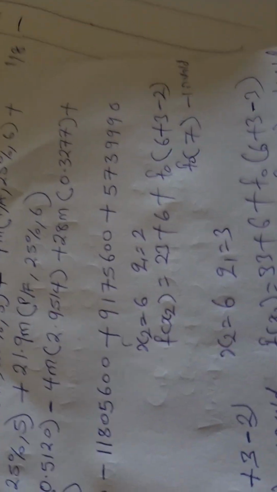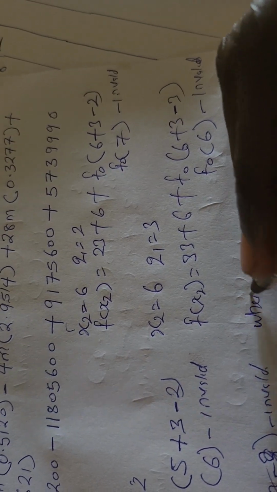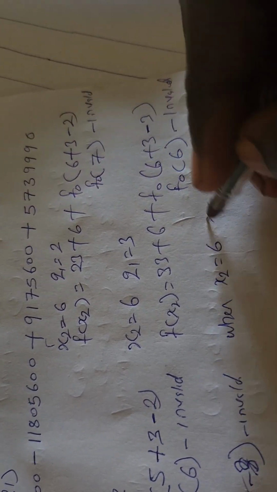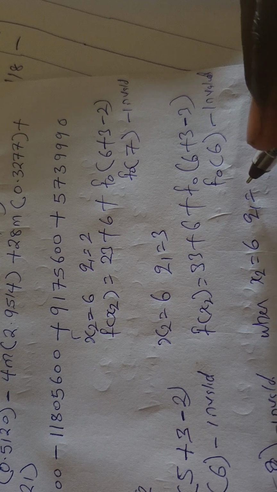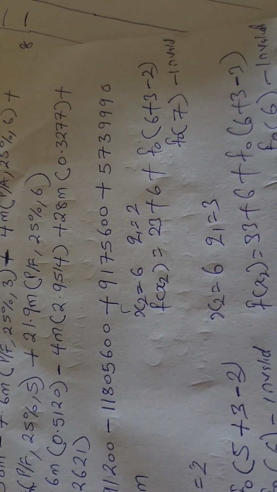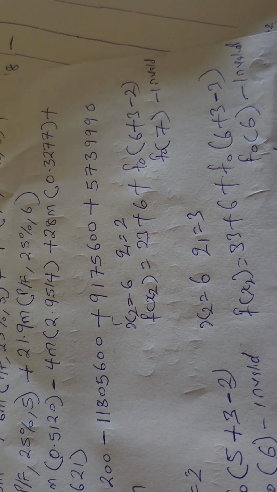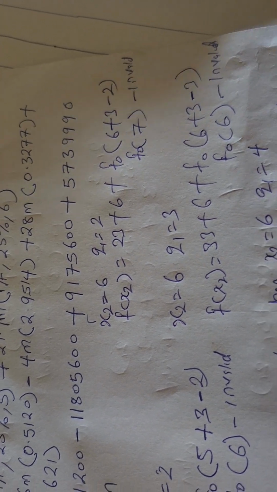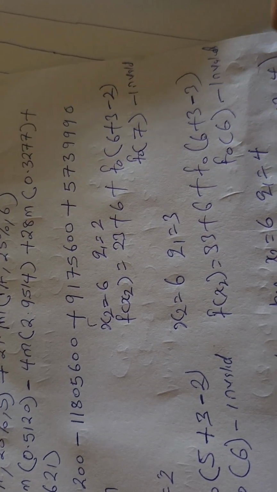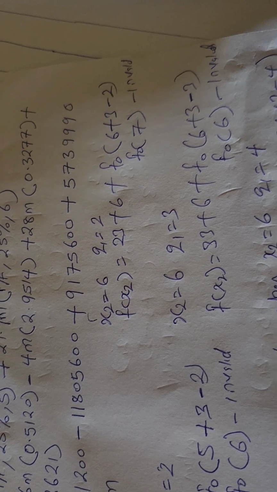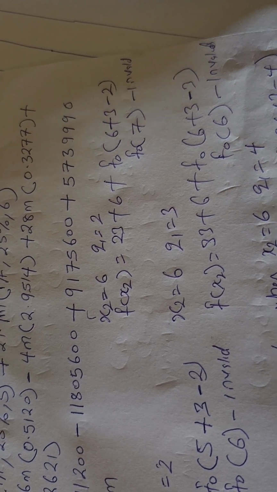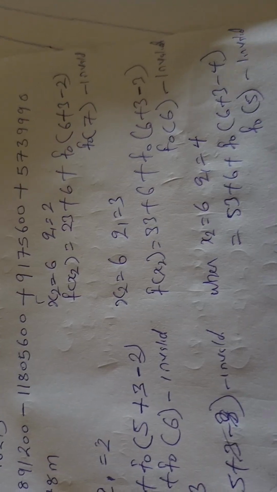So when x2 is equal to 6, q1 is equal to 4. That's 53, 6 plus 3 minus 4. F naught of x1 is equal to 5. Invalid. So let's go to the next one.